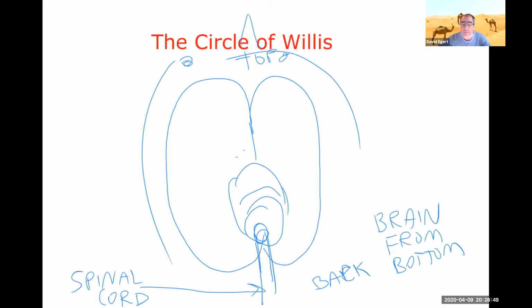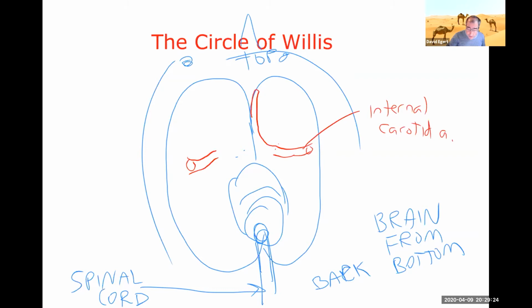So name one of the important arteries that supplies the brain? Carotid. Totally, the internal carotid arteries. Those are going to be coming in here. The internal carotid artery is going to give rise to both the anterior cerebral artery and the middle cerebral artery.